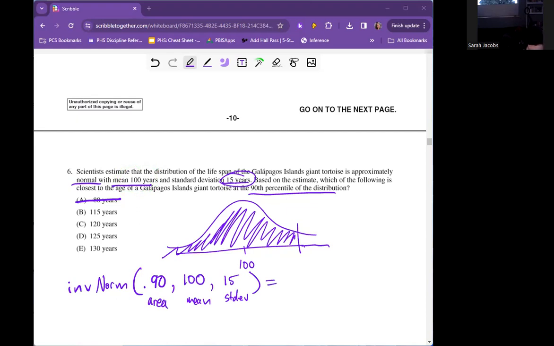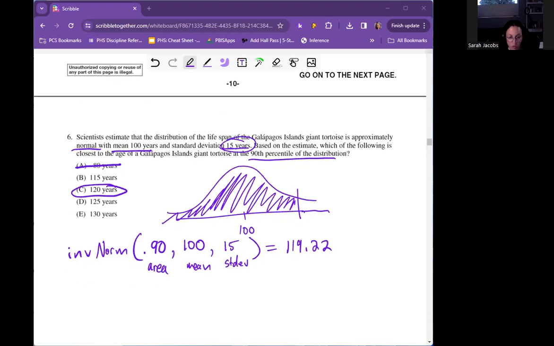So when we do that, we type in 90, 100, 15, tail on the left, and we get about 119.22 years. And that is closer to 120 than any of the other answers. So that's our answer.